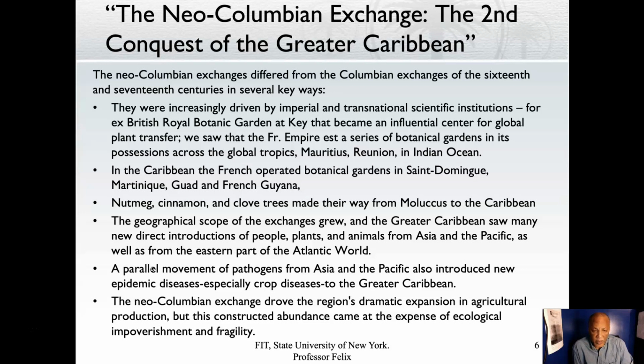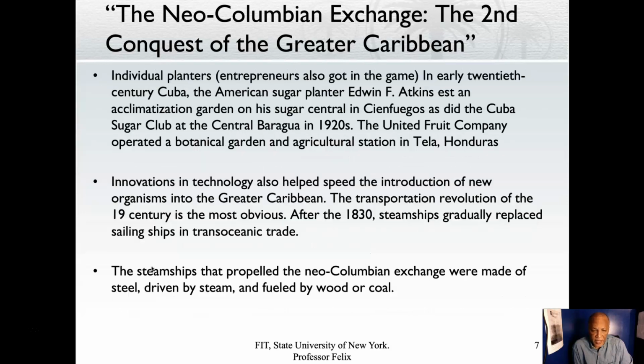So the Neo-Columbian Exchange drove the region's dramatic expansion in agricultural production, and the downside is that it led to ecological impoverishment and diseases and fragility. Okay, so we see that in Cuba, a similar situation.